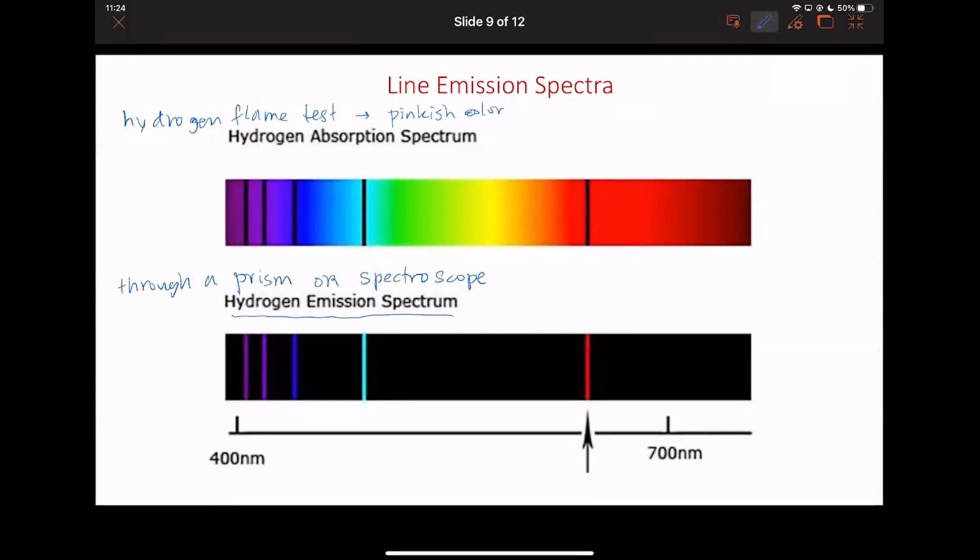So the component colors of that pinkish color are broken out into these lines. So there's 1, 2, 3, 4, 5 lines. Okay, so you get 5 lines of color, and each of those colors is an amount of energy.